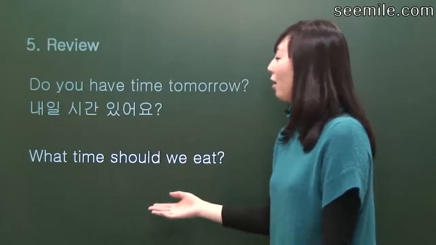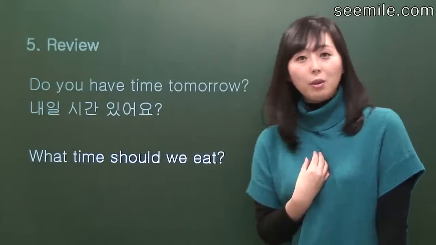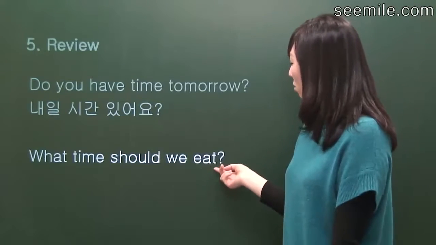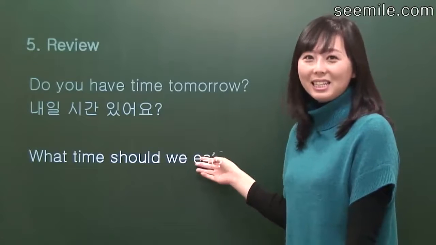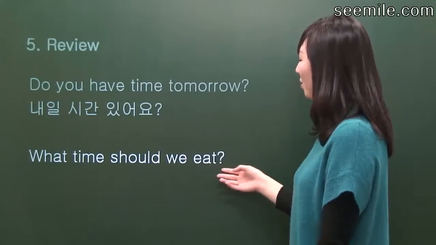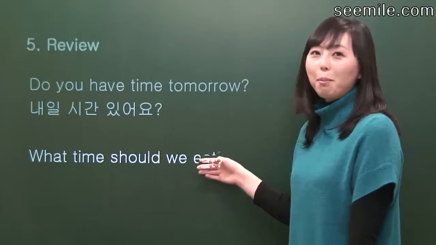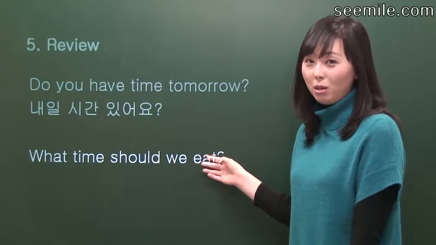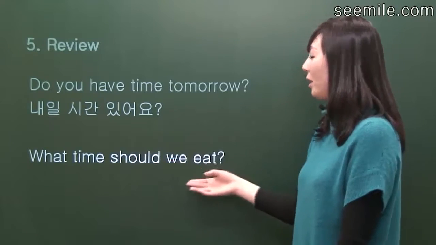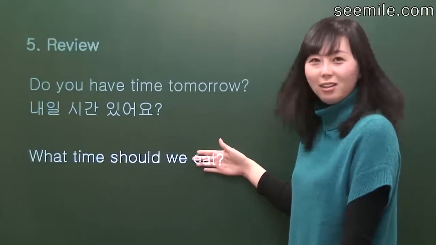And then, okay, yes, I have time. What time should we meet? Oh, it's meet. I'm really sorry. I also misspelled this one. What time should we meet? It's not eat. I'm really sorry and it won't happen again. So what time should we meet? Not eat. Meet.